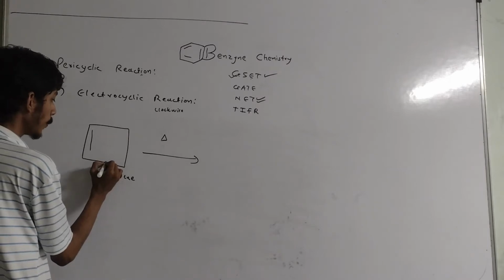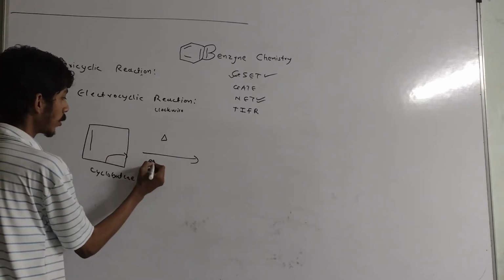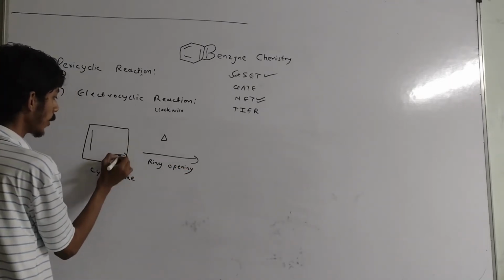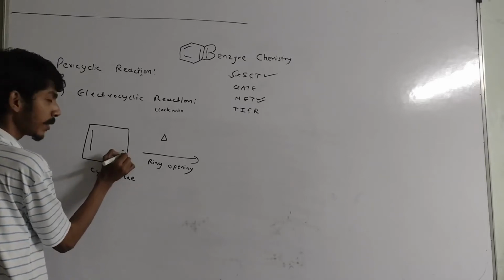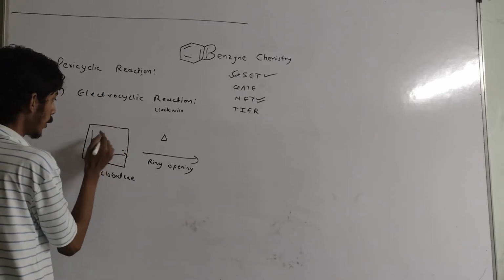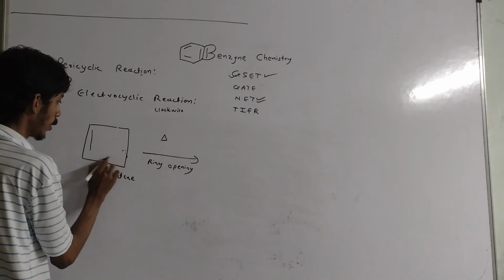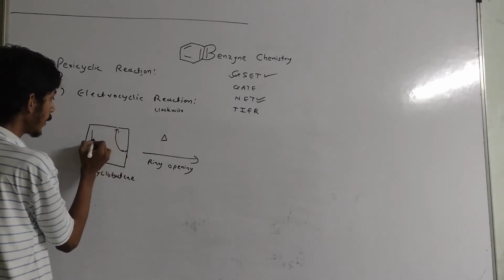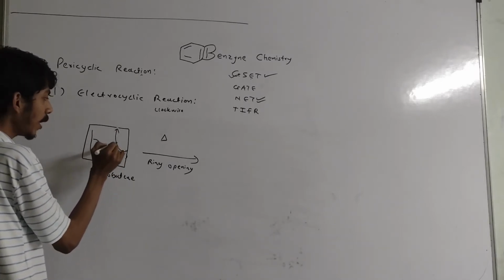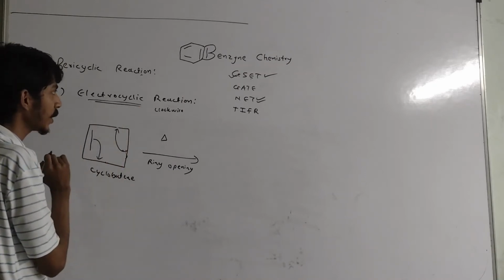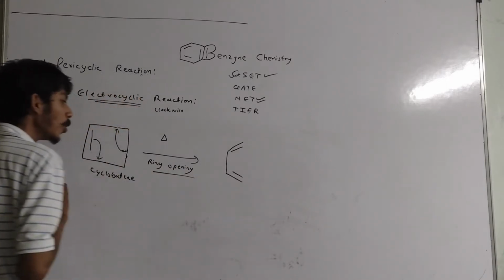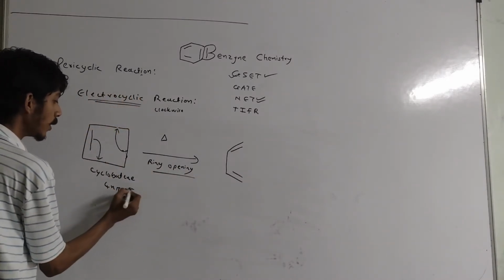What will occur? The ring opening reaction occurs. This pi bond shifts, this sigma bond shifts to here, and this sigma bond shifts to here. The curved arrows indicate the movement of electrons, which is why this reaction is called an electrocyclic reaction. So this is the ring opening reaction. Again, this is a 4n pi electron system.